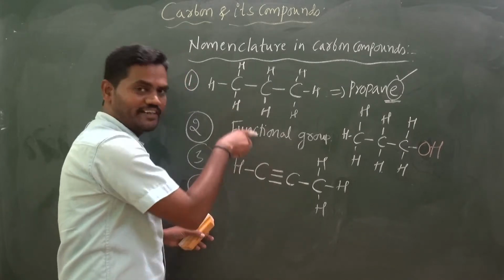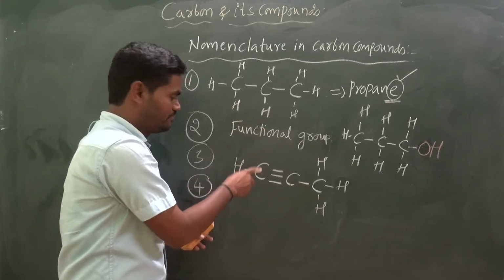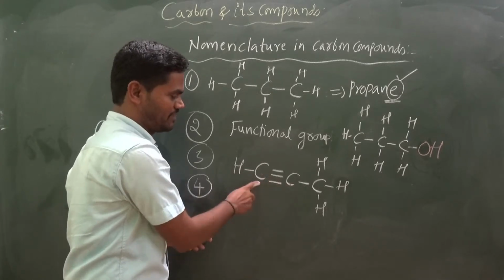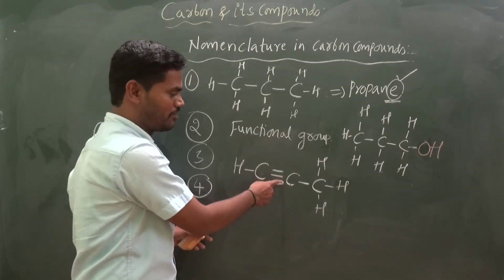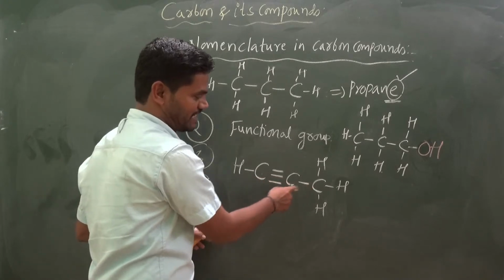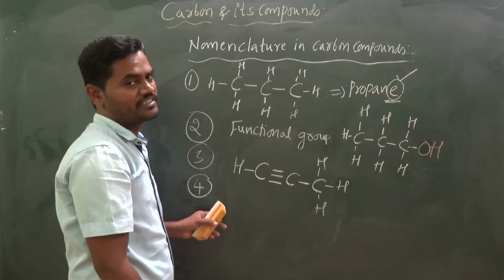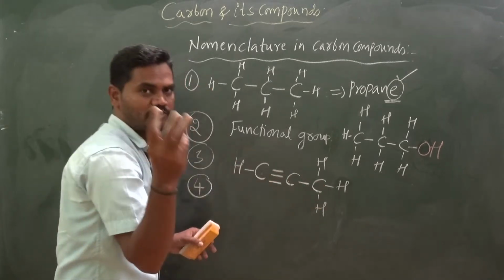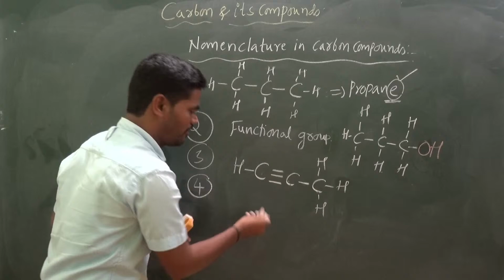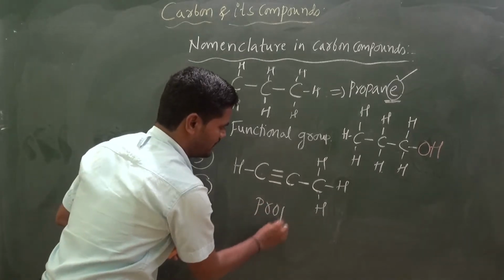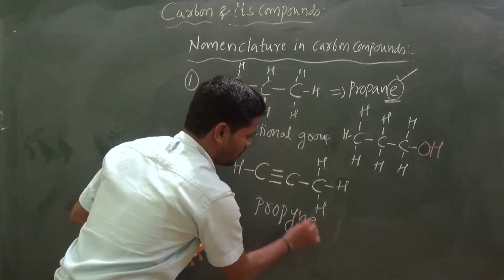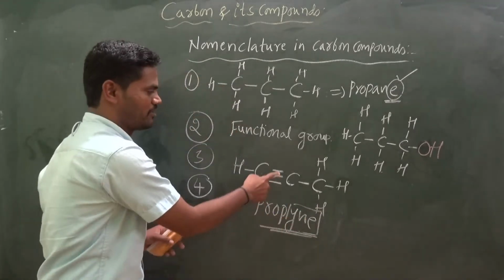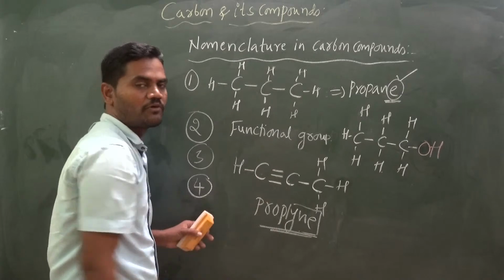In the previous one a carbon-carbon double bond is present, but here a carbon-carbon triple bond is there. Between the first carbon and second carbon a triple covalent bond is present, and between the second carbon and third carbon a single covalent bond is there. So these are 3 carbon atoms with the triple bond. That's why it is propyne. You have to use this YNE, propyne, because a carbon-carbon triple covalent bond is present.